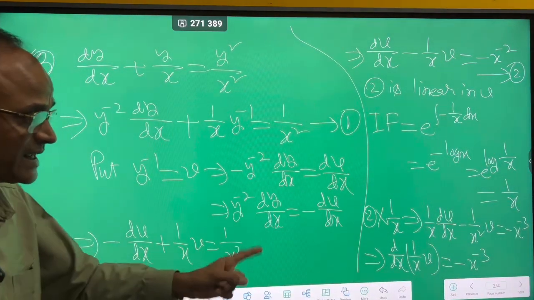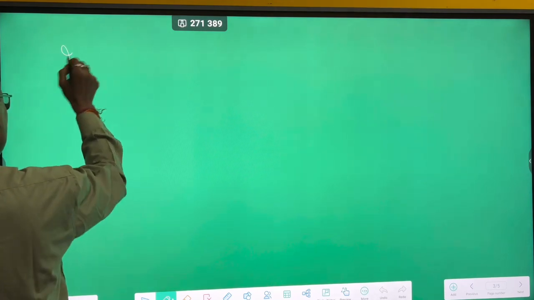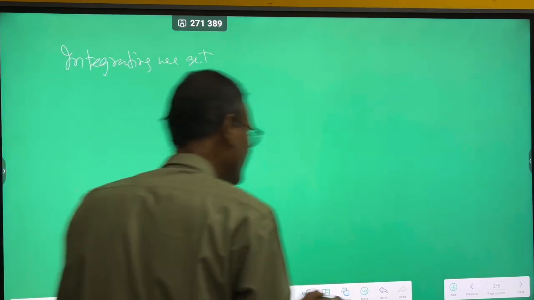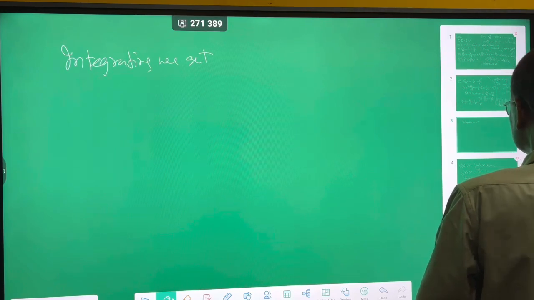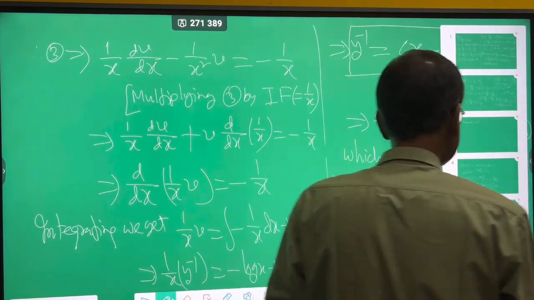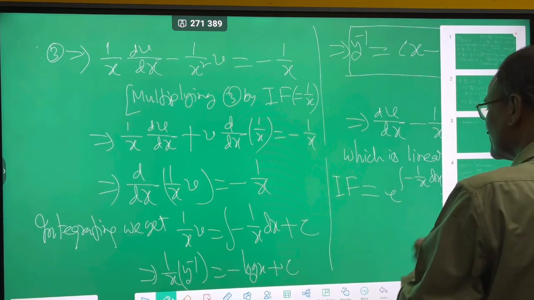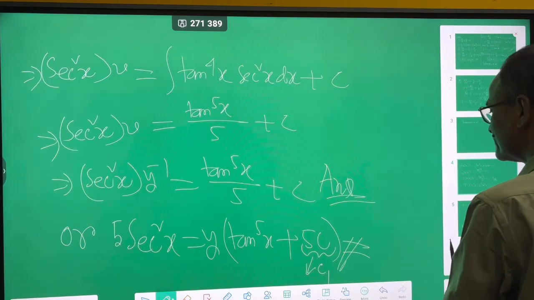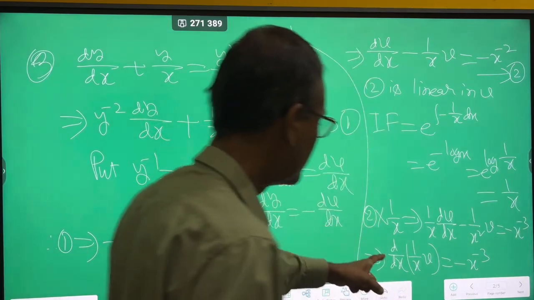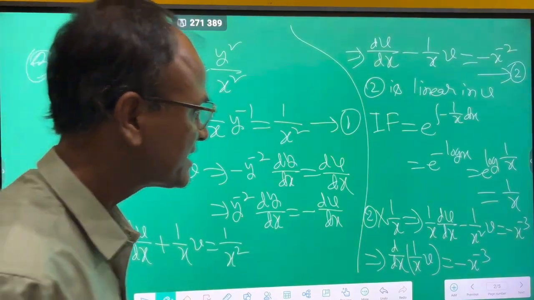Now integrating, we get d by dx of 1 by x v equal to minus x to the power minus 3.